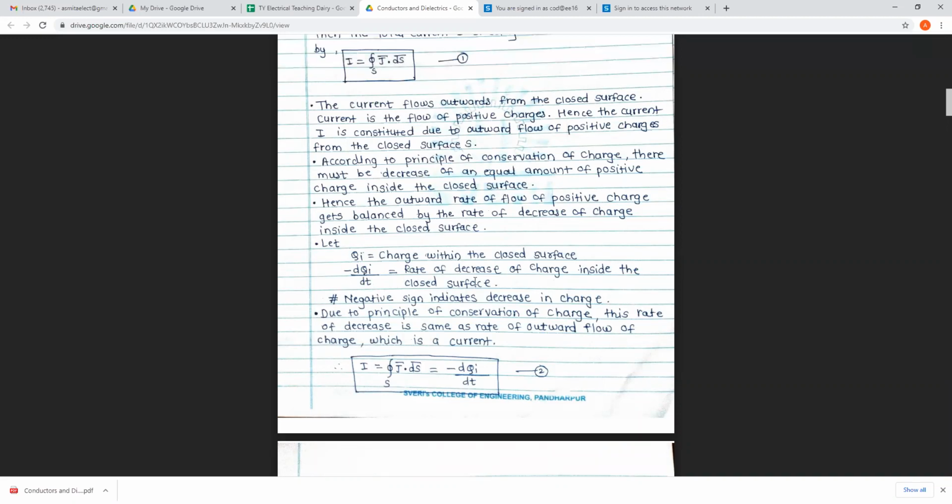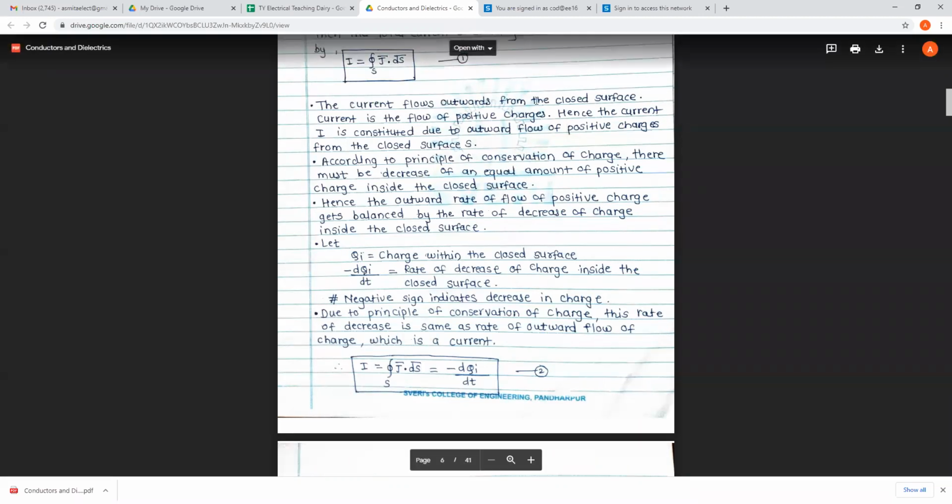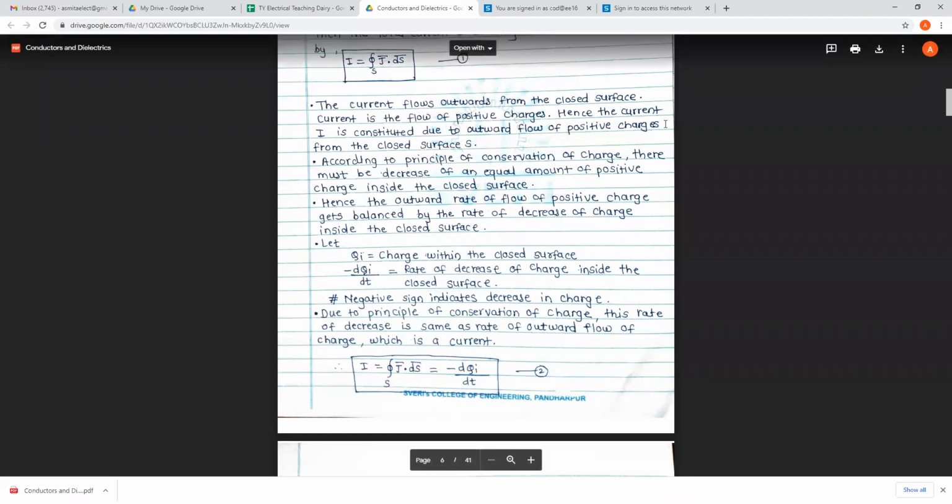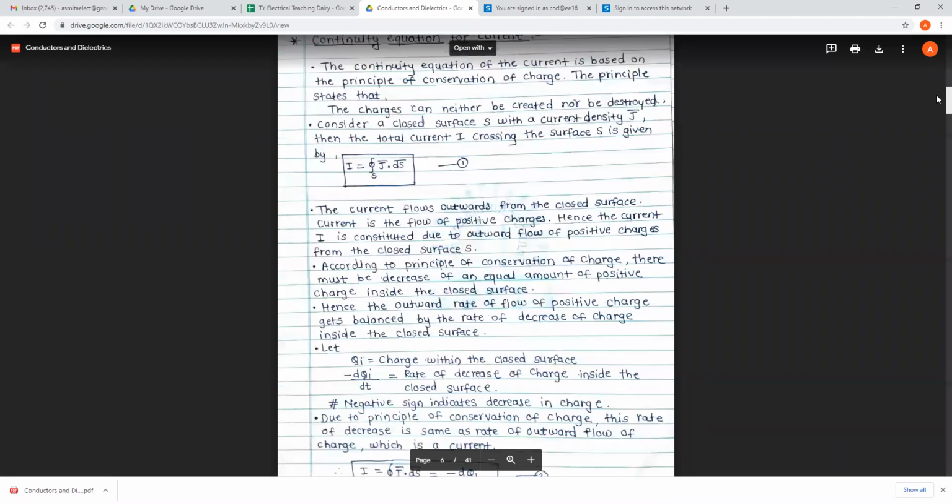When we consider a closed surface, there are some charges inside the surface, and these charges are producing an electric field. That electric field is trying to go in the outward direction of that closed surface. So when we are moving the charges, what is this continuity equation actually?